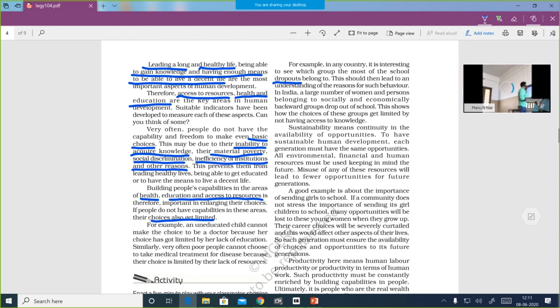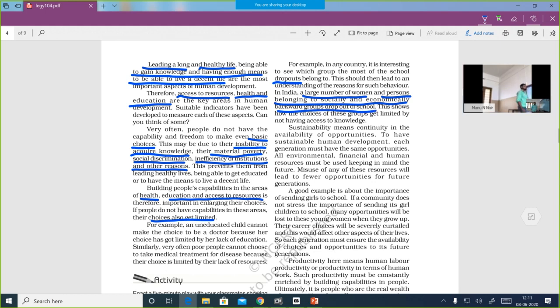So this should then lead to an understanding of the reason for such behavior. In India, a large number of women and persons belonging to socially and economically backward groups drop out of school.